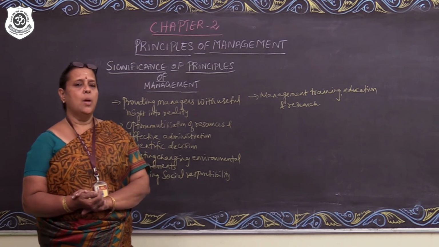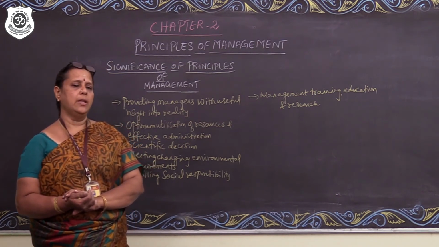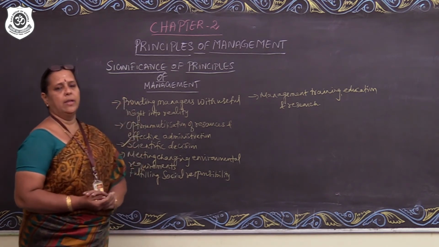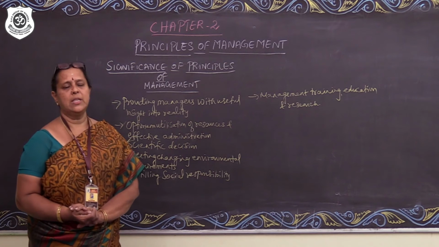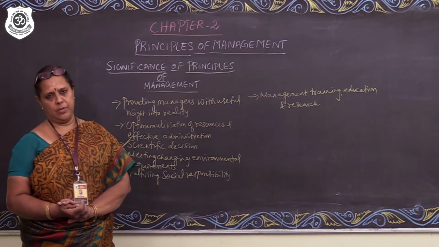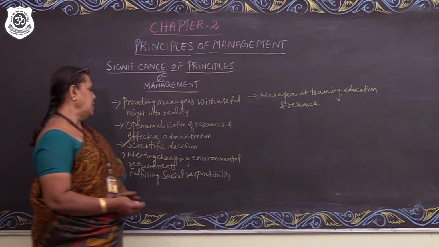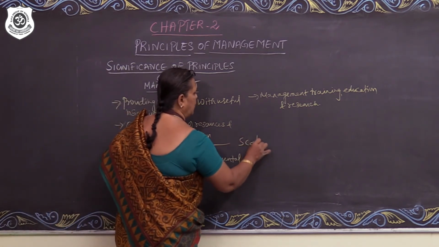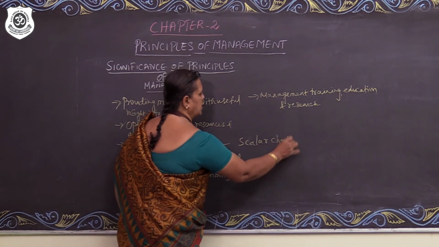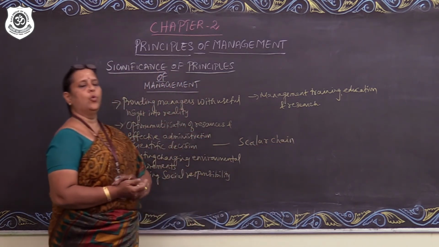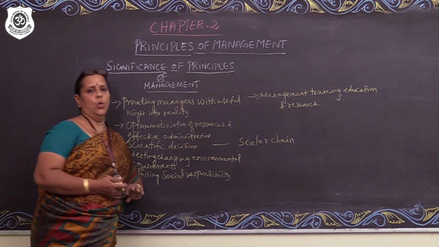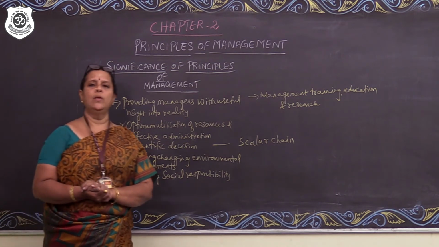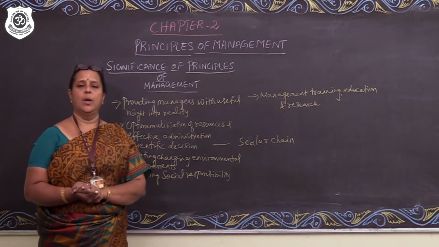The next one is principles of management facilitate the manager to take precise decisions. Accurate decisions can be taken if the manager is able to understand the principles of management effectively. For example, the principle of scalar chain. The principle of scalar chain says the flow of communication should be from the top level to the lower level through prescribed channels of communication.